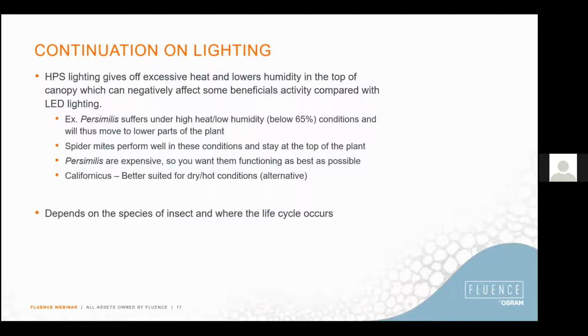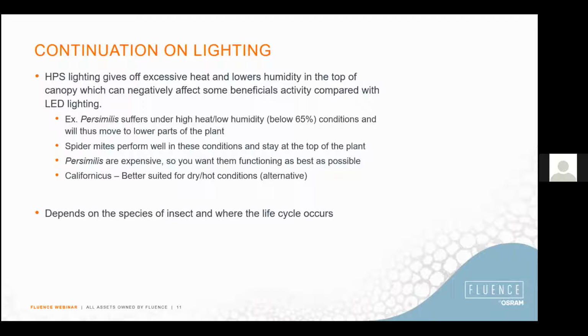And Persimilis can be quite expensive, so you want them to be functioning at their best if you're using them. A good alternative to Persimilis in this case, if you have HPS, is actually Californicus, because it's better suited for that dry, hot condition. So this plays into making sure you know what your lighting source is, and what your environmentals are throughout the canopy, not just a daily average, and really keep track of what your grow is like so that you're getting the best use out of those beneficials.